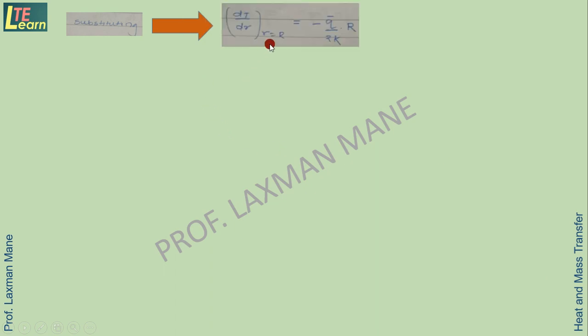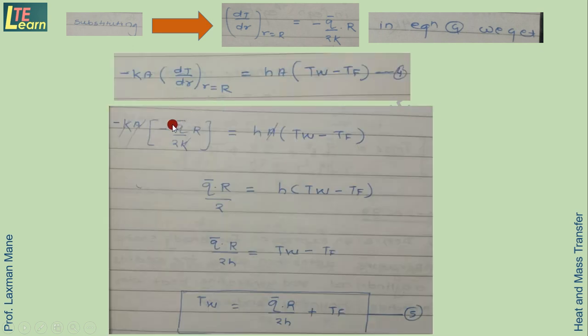So we substitute dT/dr at capital R, this expression, in equation number 4. In place of dT/dr we write this term. In the square bracket we have written this. After that we cancel capital A on both sides. So here we get the expression qR by 2 is equal to h into Tw minus Tf.